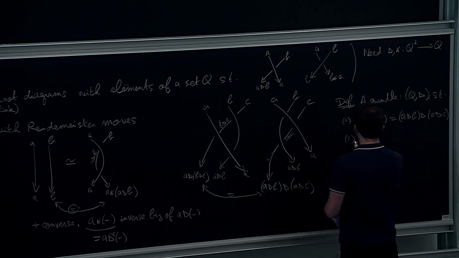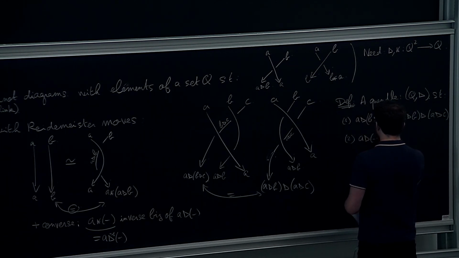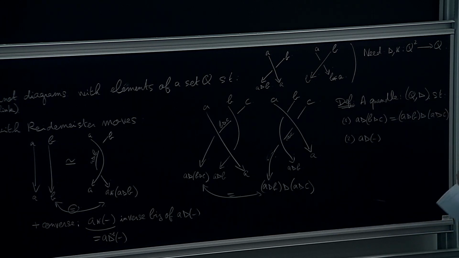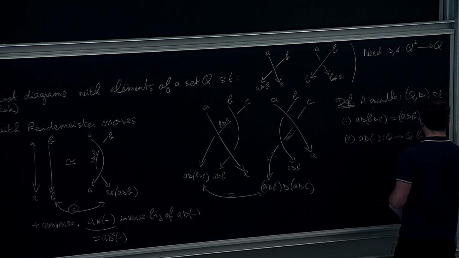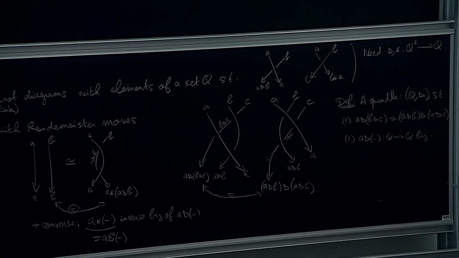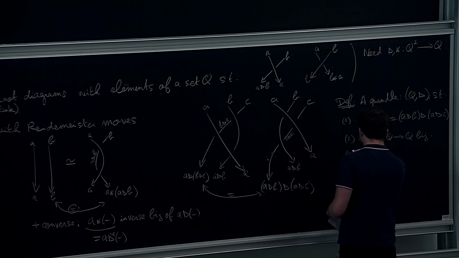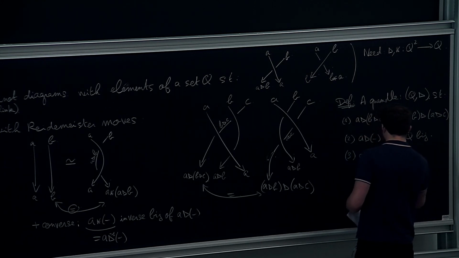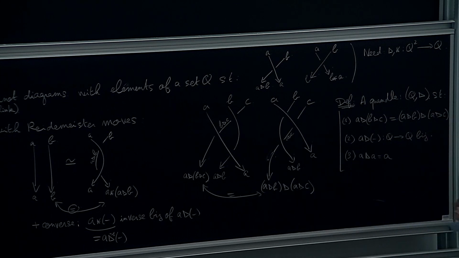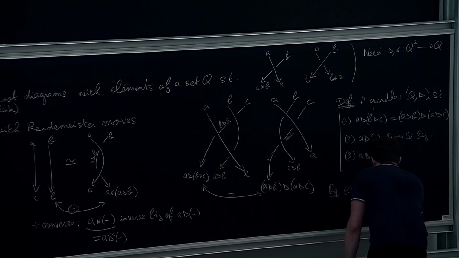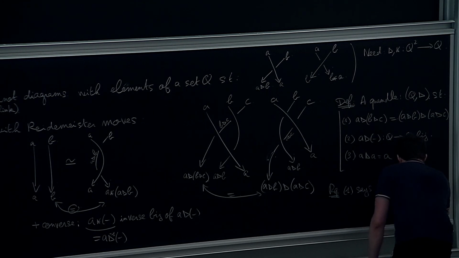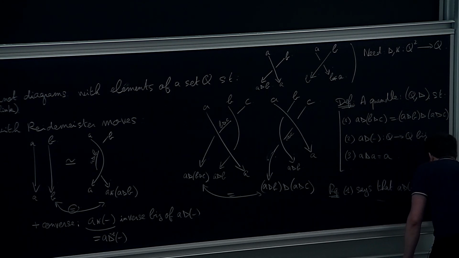The second one is that this map should be a bijection from Q to Q. And the third one is that we should have idempotence. And so here we can remark that the first axiom says that these maps should be endomorphisms.